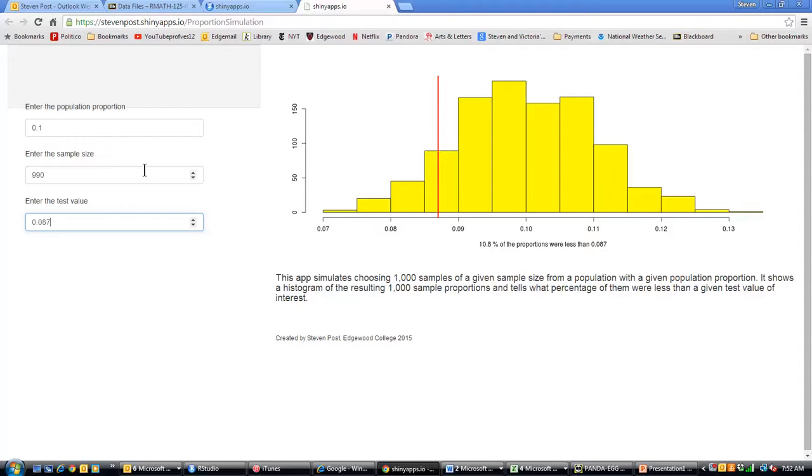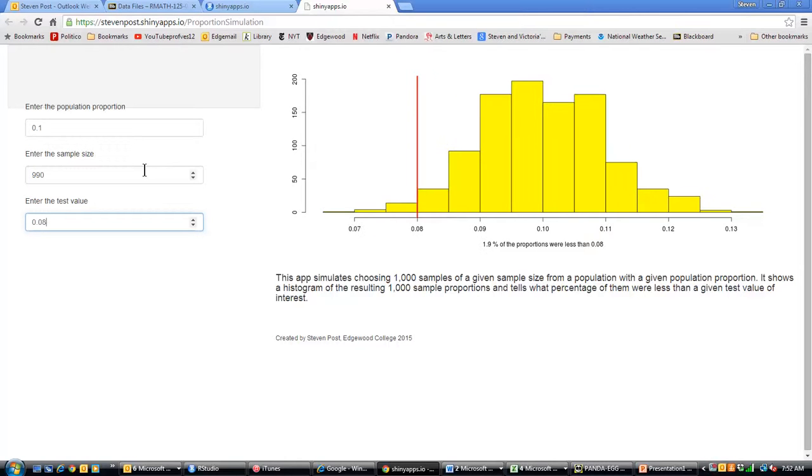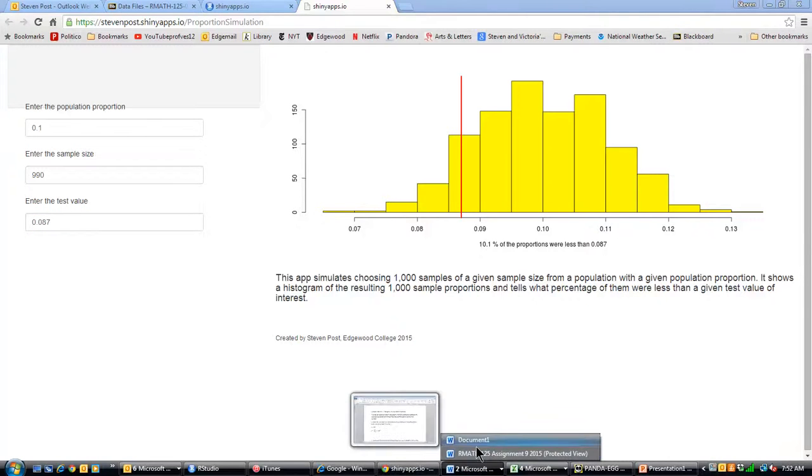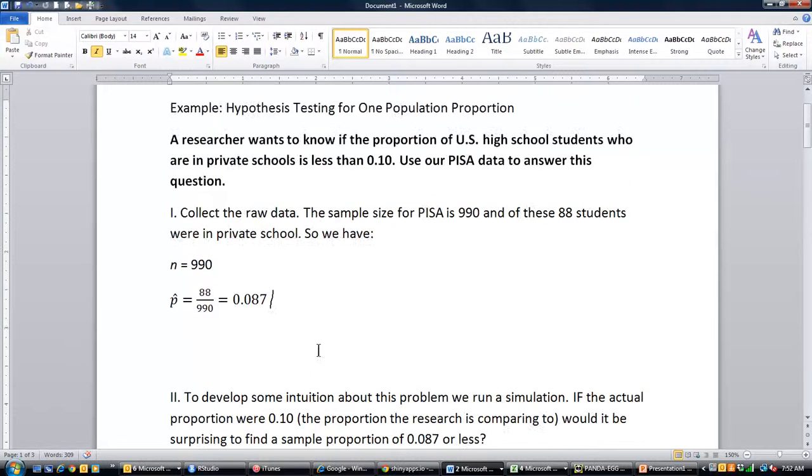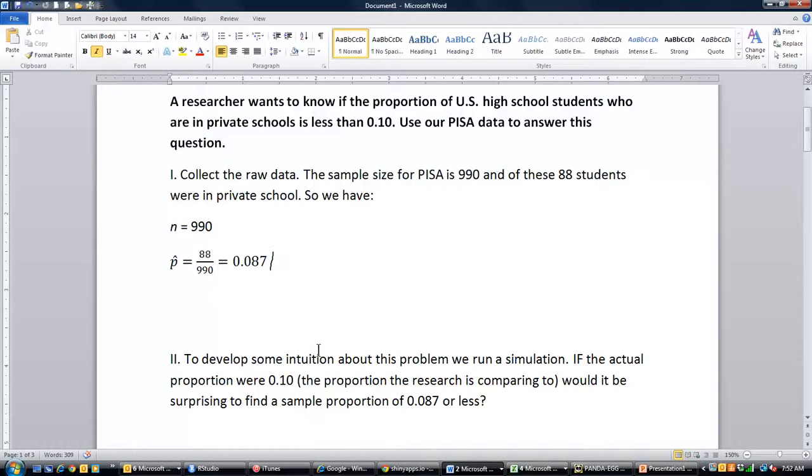And let's run the simulation one more time just by re-entering the 0.087, and now we get 10.1%. So if the actual proportion were 0.10, the proportion we're comparing to, would it be surprising?